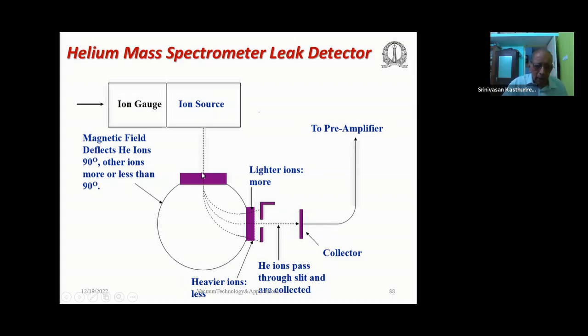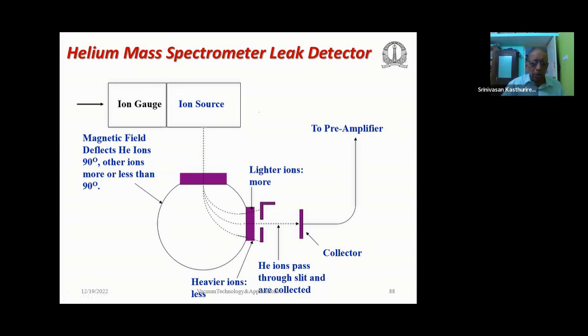These ions enter, and you have a magnetic field applied, and the magnetic field is such that it deflects all the ions other than helium. Only helium ions are deflected 90 degrees and enter the chamber, into the collector, and then go to the preamplifier, and thereafter the regular amplifier to indicate a signal.